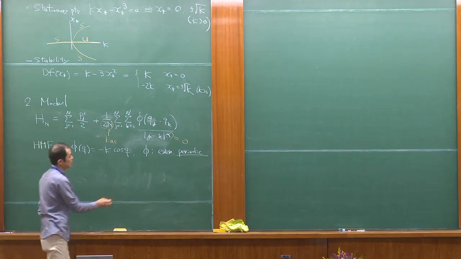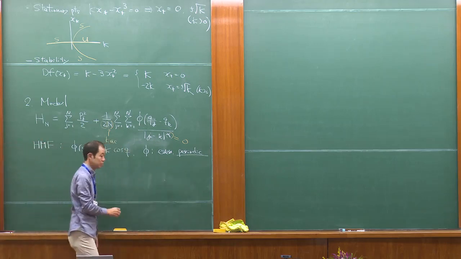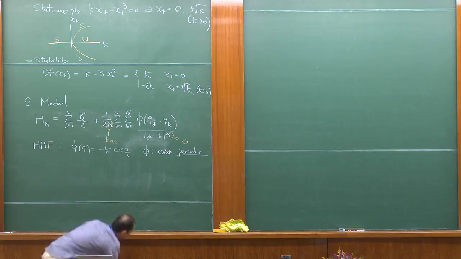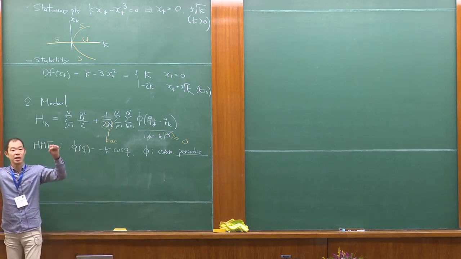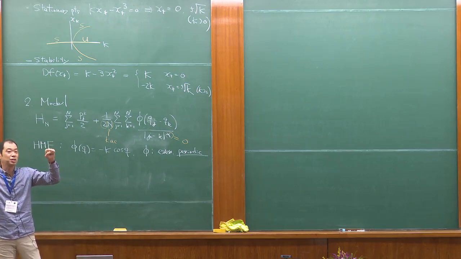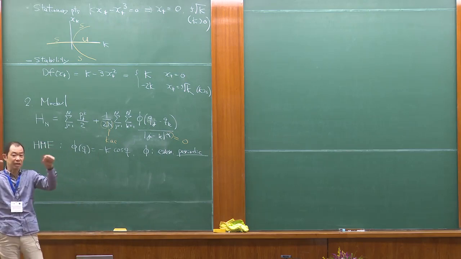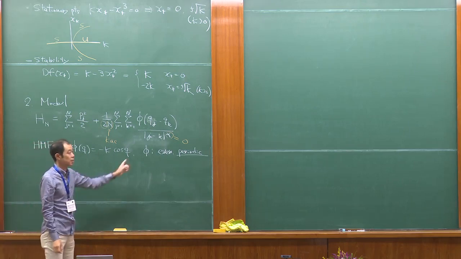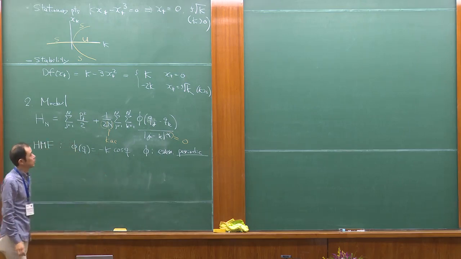And evenness comes from the Hamiltonian nature, because potential energy between j and k does not change if we exchange j and k. So it should be even and then periodic.